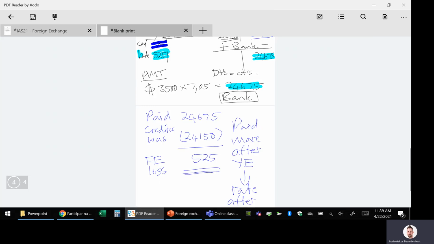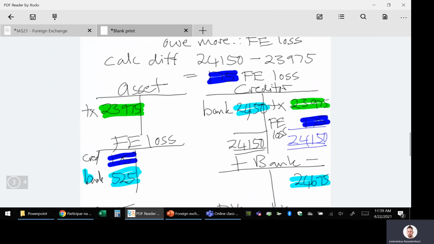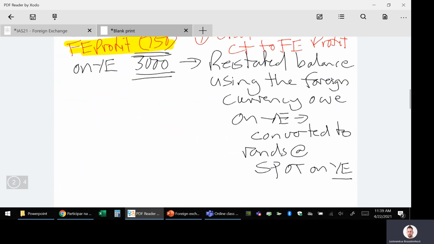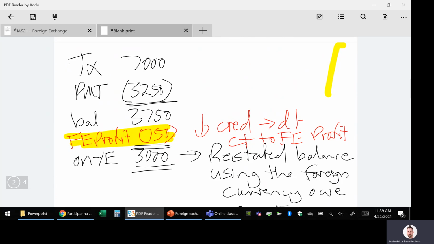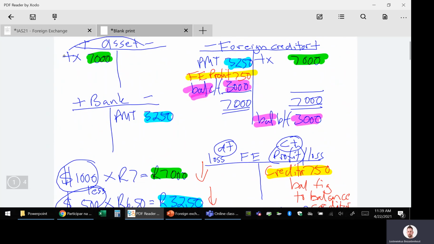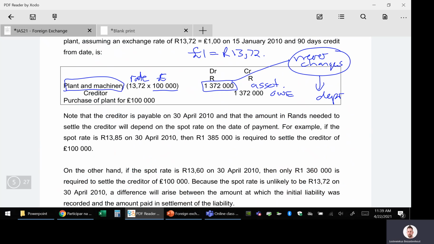It's exactly the same as what we had in these two examples. That asset cost will never change, because that is the cost of the asset, and we will use that to calculate depreciation. If it was inventory, then that will be the cost of our inventory. The same applies for this one. All these costs that we have for the assets remain as they are.